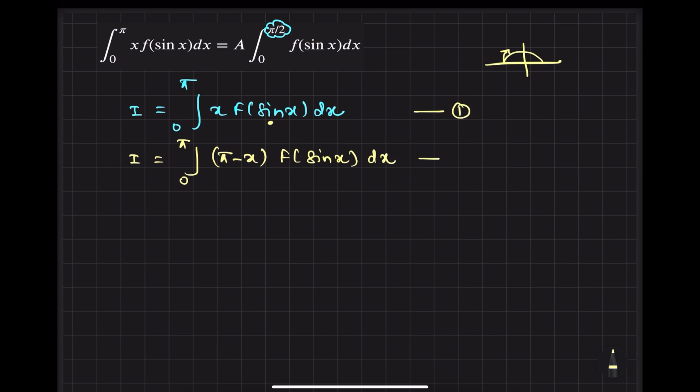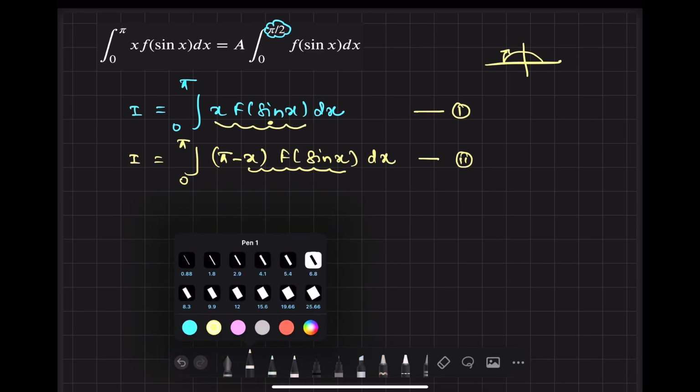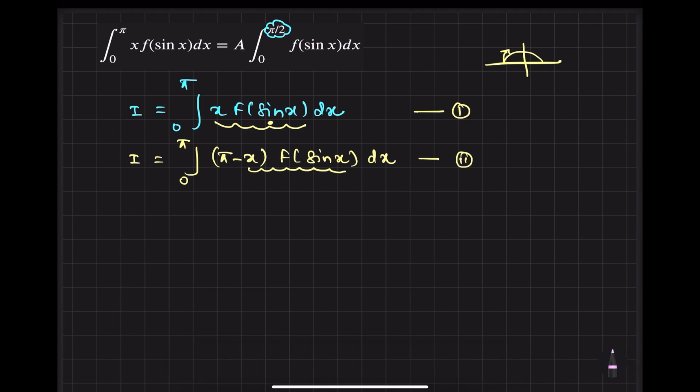Suppose this is your equation 1, this is your equation 2. If you add, don't you think that this component and this component will be neutralized? So we will be left with 2 times I equals pi times the integration from 0 to pi of f of sin x dx, correct?